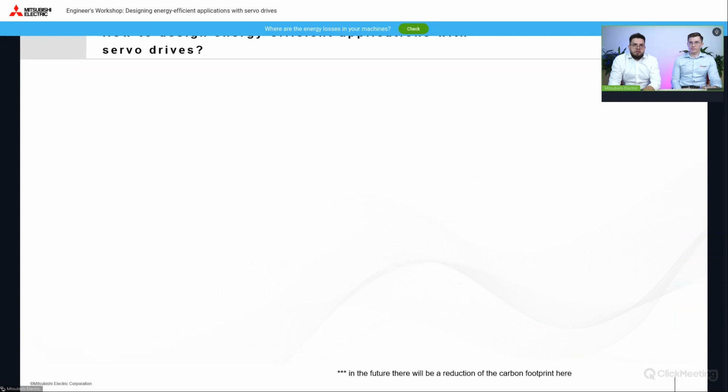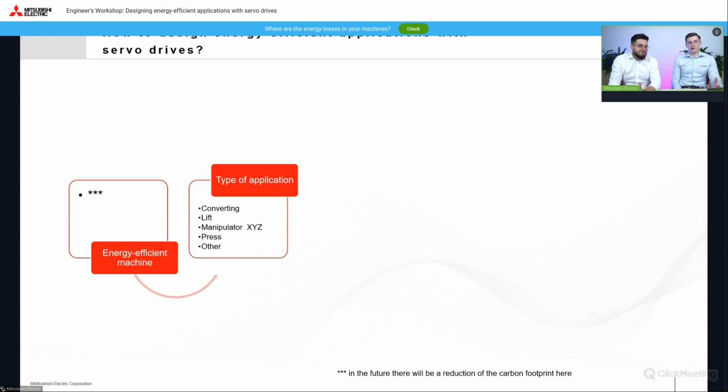So just to get the whole thing together now. To build an energy efficient machine, we first need to look at the type of application. Of course, because we have a lot of applications, like conveyors or manipulators. There are applications where we have a lot of regenerative energy. There are applications where it is not even worth mentioning, because it will depend on the cycle and the load.